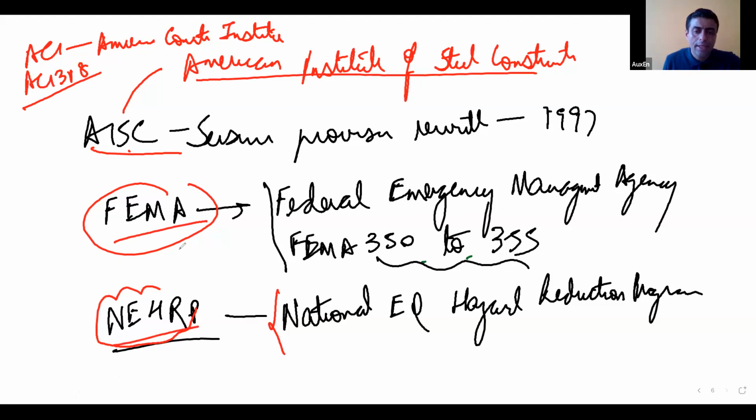AISC, FEMA, NEHRP, they did a lot of work especially for steel structures, particularly after the 94 earthquake, and they came up with a lot of documents. So AISC revised its standard 360, and it also introduced a new standard especially for seismic provisions of steel structures, and they named it AISC 341.